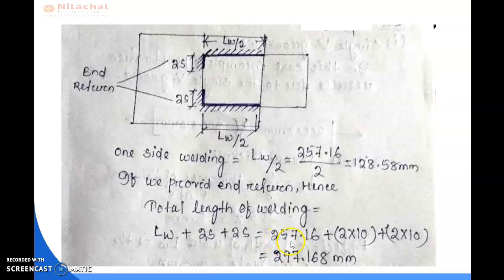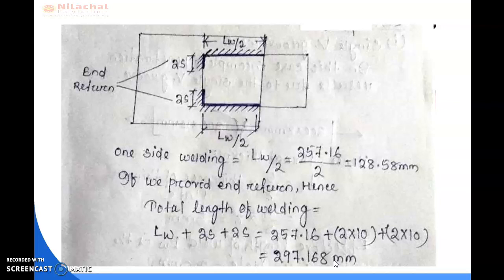The LW value we got is 257.16 plus 2s, that means 2 into the size of the weld we provide, which is 10, and again 2 into 10. Then the total welding length is 297.168 mm. In this way, we can get the size of the weld and the effective length of the weld. This is one criterion, or case number 1.